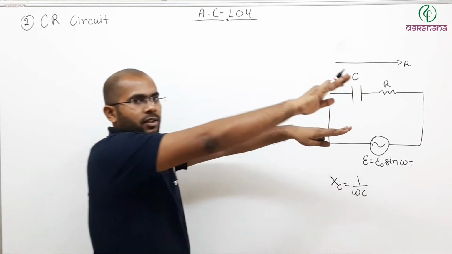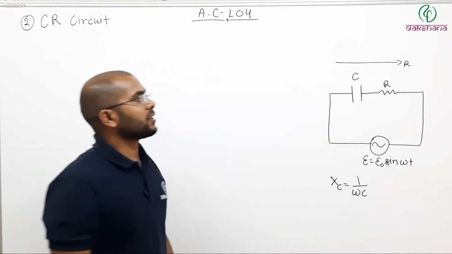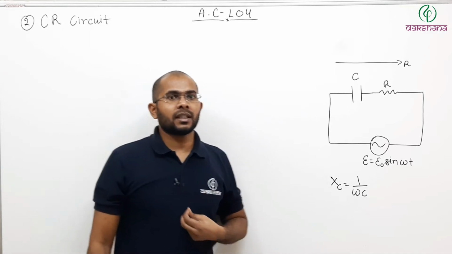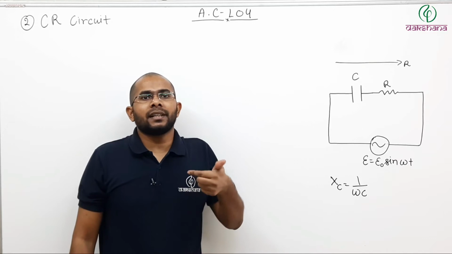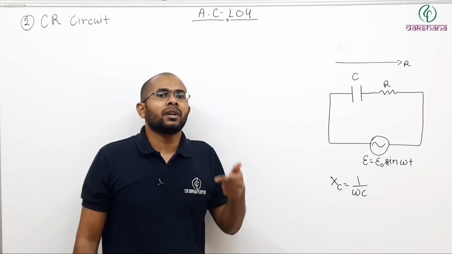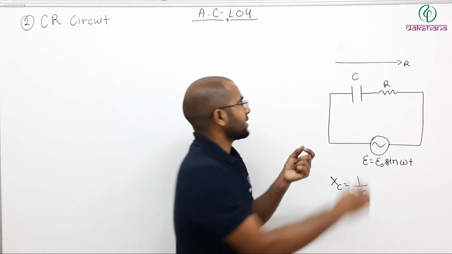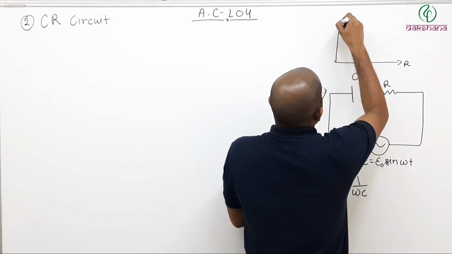This would be your direction of current. In a purely capacitive circuit, if you remember, current leads EMF by pi by 2.